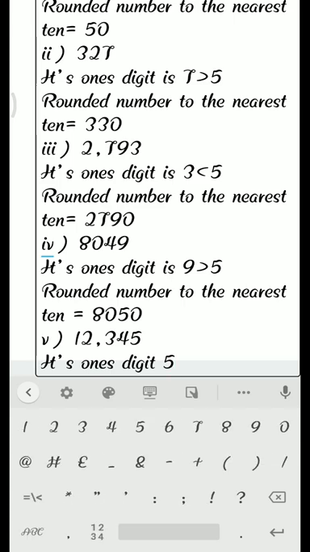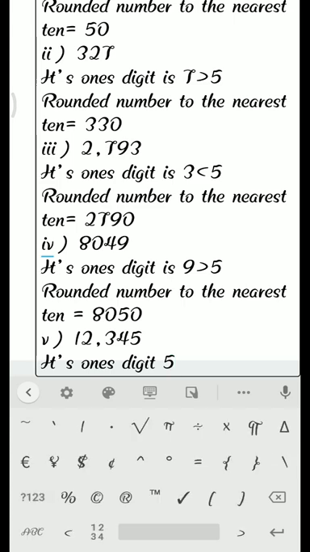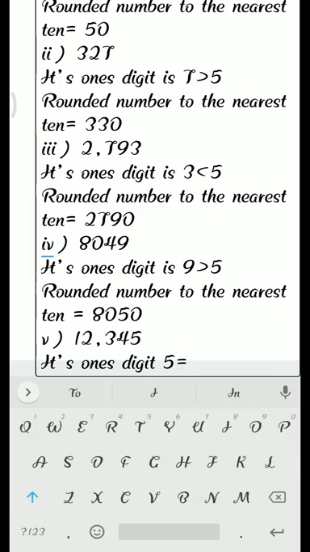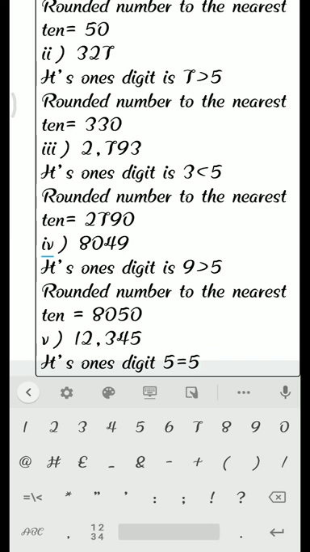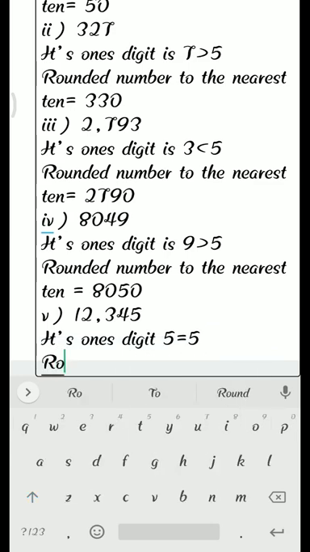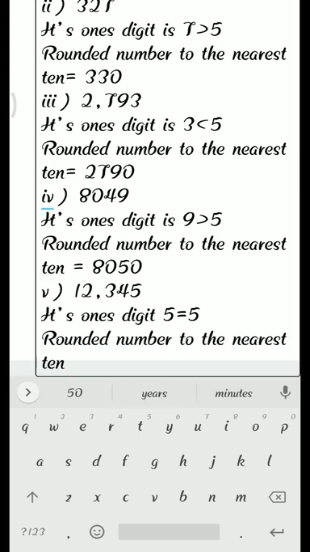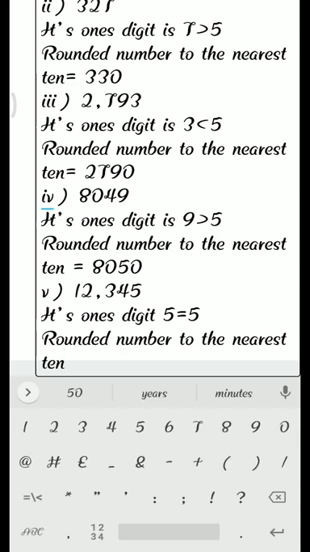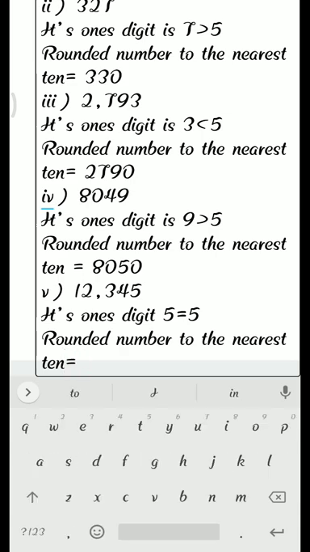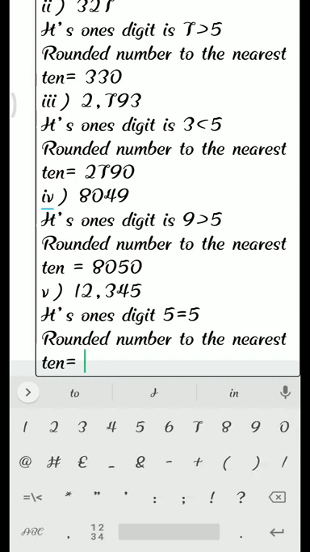So it is equal to 5. Then the rounded number to the nearest 10 is 12,350.